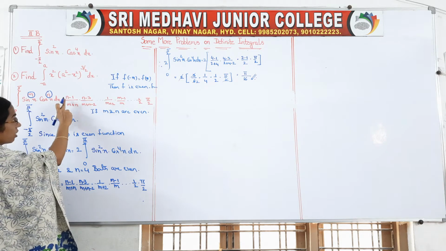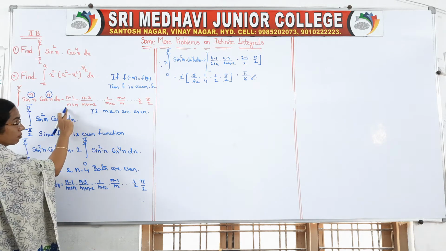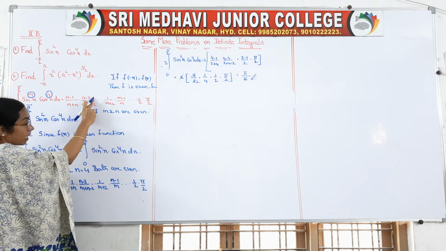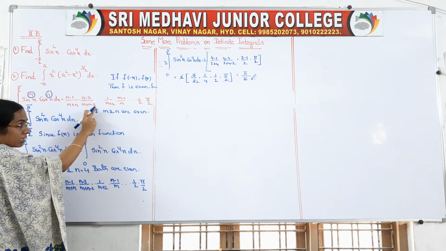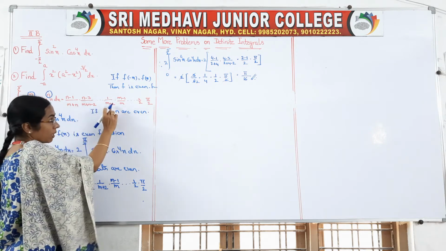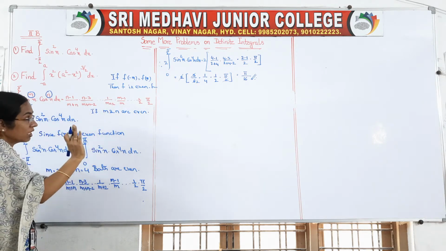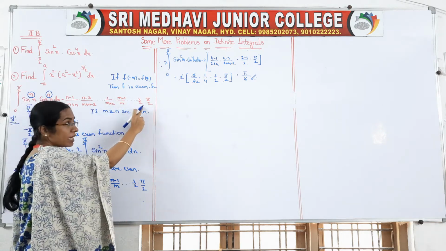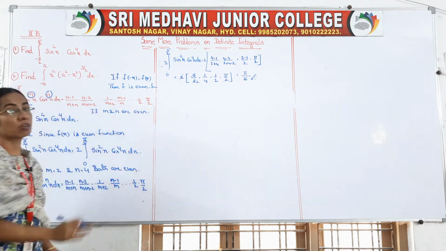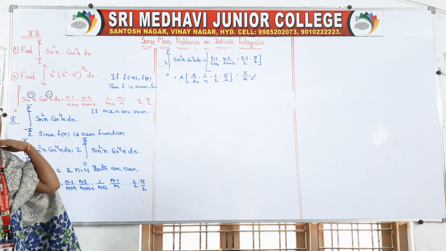After that, we have to take n minus 1 by m plus n, n minus 3 by m plus n minus 2, till 1 by m plus 2. After that, next we have to start with m minus 1 by m till 1 by 2. Then we have to write into pi by 2.